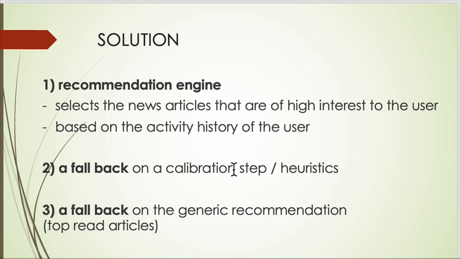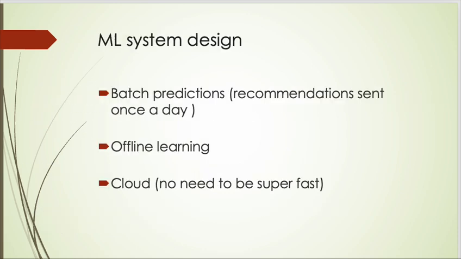And we can always have a fallback to the trending articles. So what is the top read article in general among all the users? And what is the longest read article? So obviously we hope that our recommendation model will be working well and we will not have that much of a fallback, and it's something that we will need to monitor.